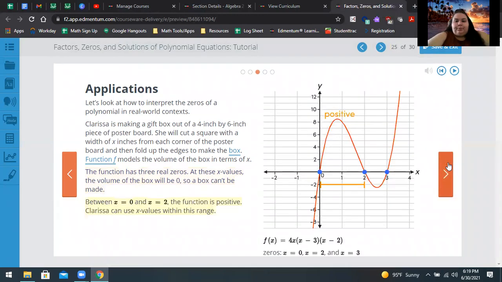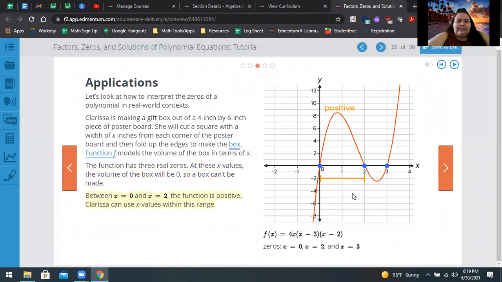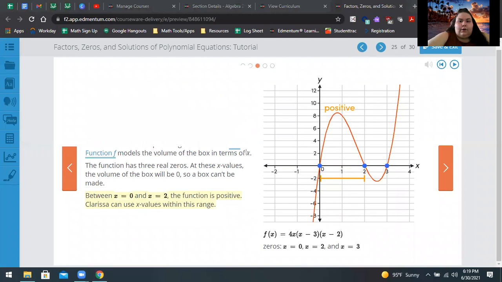So then they're going to test out between x equals 0 and 2, the function is positive. So here, another way to plot this point, you can graph it, or you can do a sign chart. And here's how I'll work the sign chart.